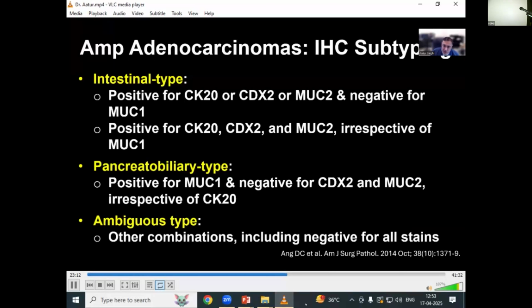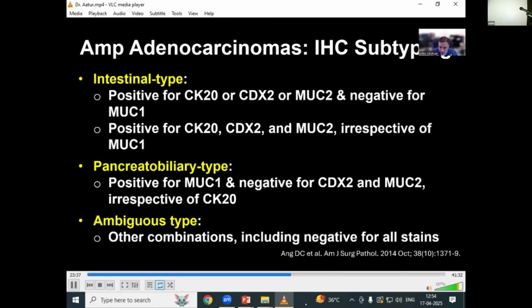Alternatively, if MUC1 is positive, but all three intestinal type markers are positive, then the adenocarcinoma should be classified as intestinal type. In contrast, pancreatobiliary type is positive for MUC1, but negative for CDX2 and MUC2, irrespective of CK20 staining. And lastly, all other combinations, including quadruple negative staining, which is extremely rare, are considered to be ambiguous.